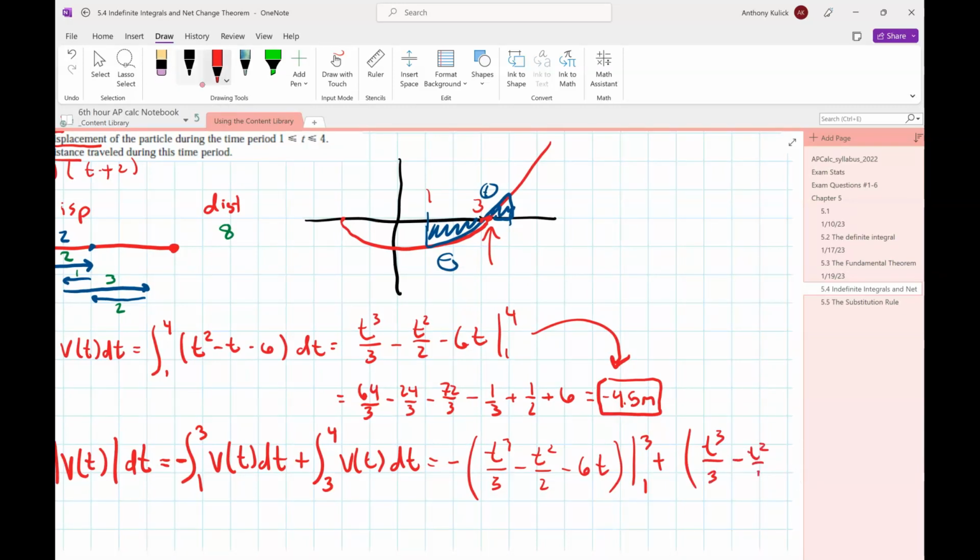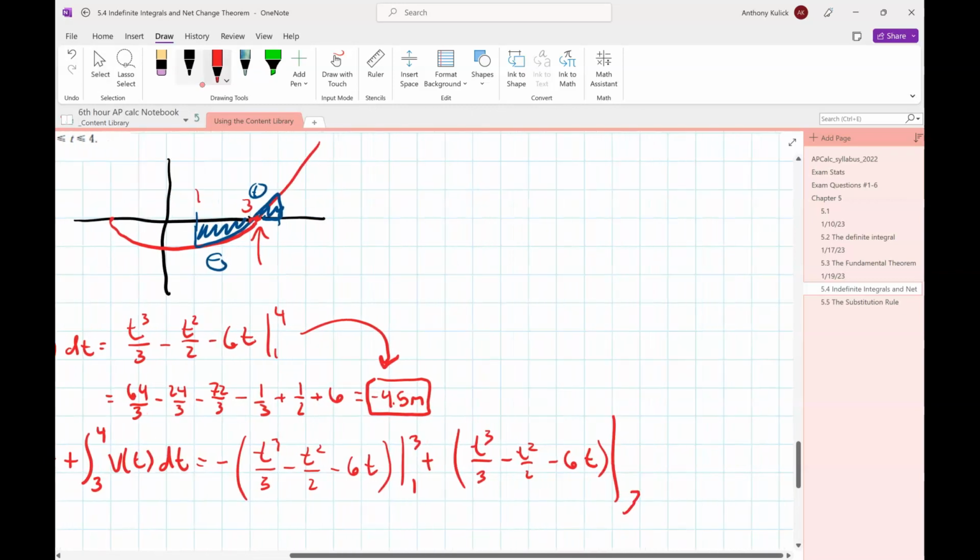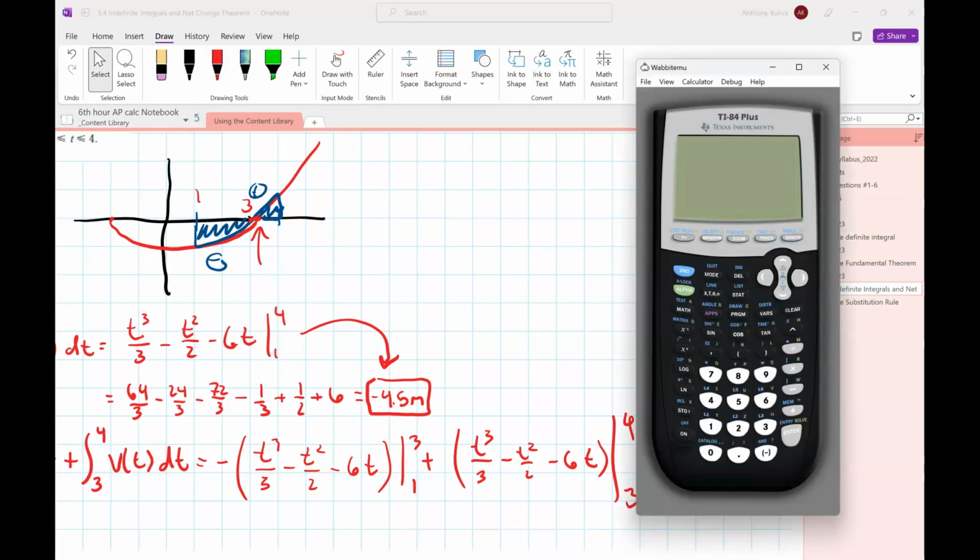So again, this antiderivative is the same for each of these. It's the same thing I found in the earlier part, right? So I'm just going to do this in my calculator.